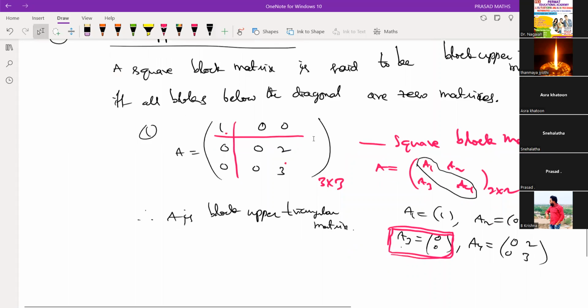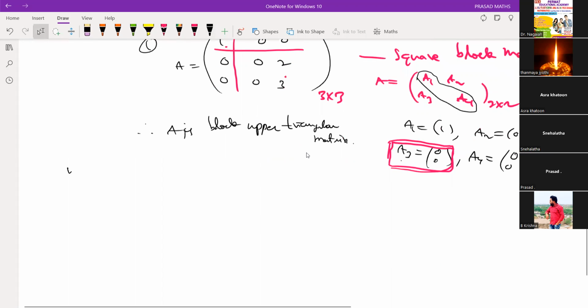Next, what is a block lower triangular matrix?